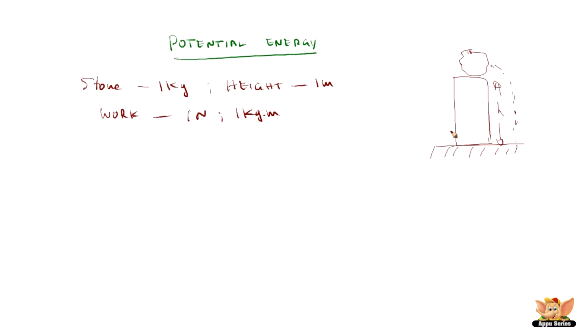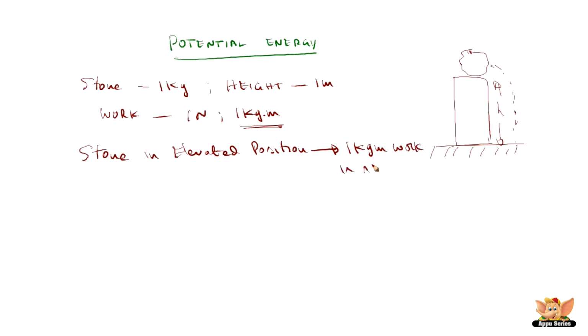As long as the stone is in this elevated position, the 1 kg meter of work that is done is stored in the stone. The moment the stone is released and dropped down, this 1 kg meter of work is also released.